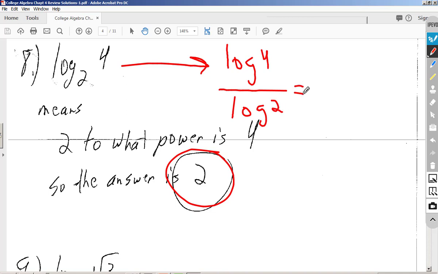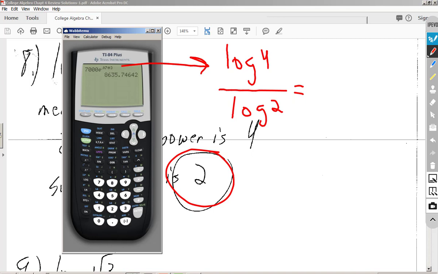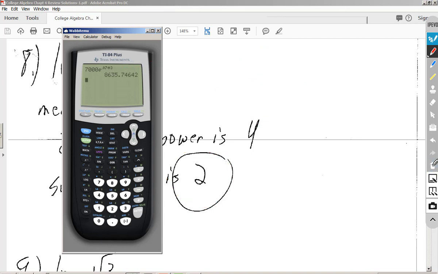So once I know that, just go ahead and type that into my calculator. Turn my calculator back on here. Looks like it shut off on me. Okay, so I got log 4 divided by log 2.